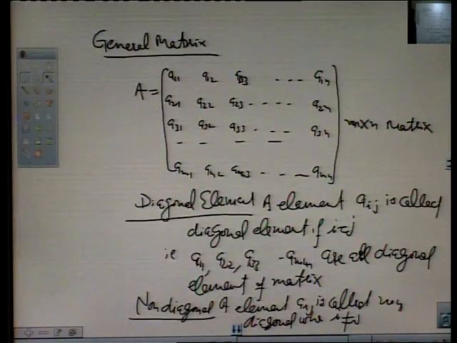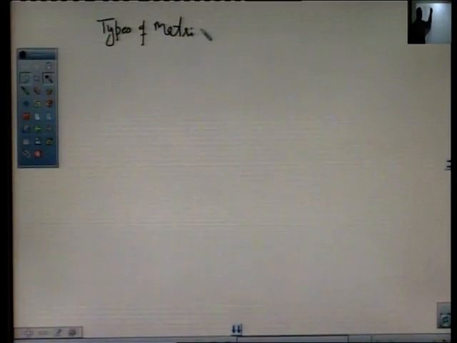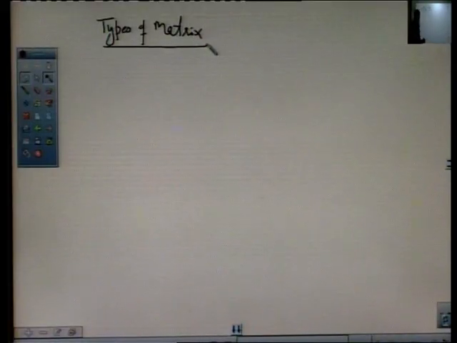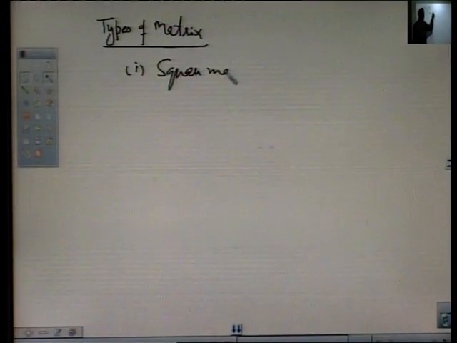Next is types of matrix. First is square matrix.